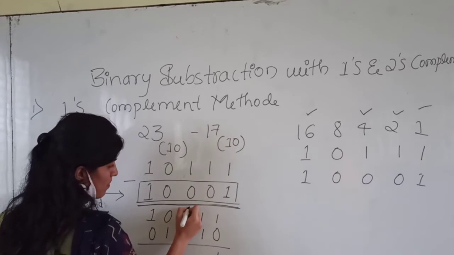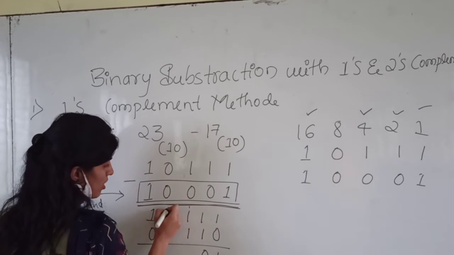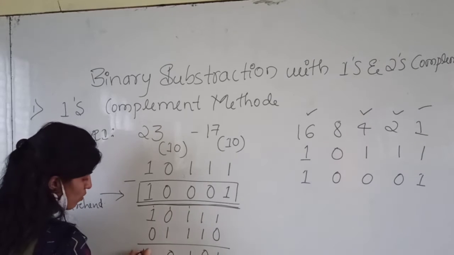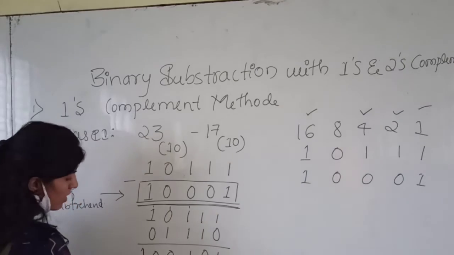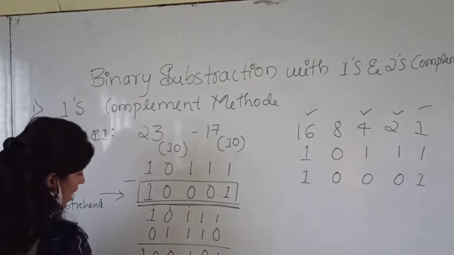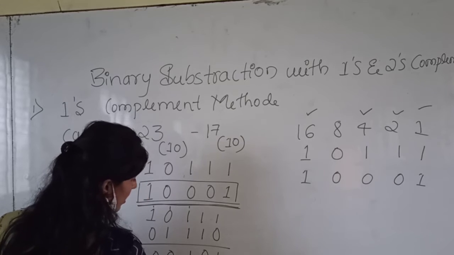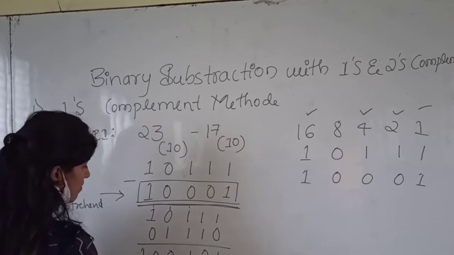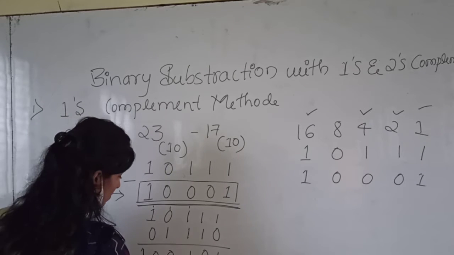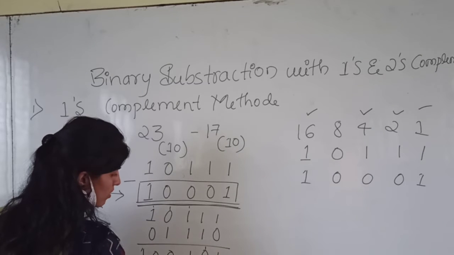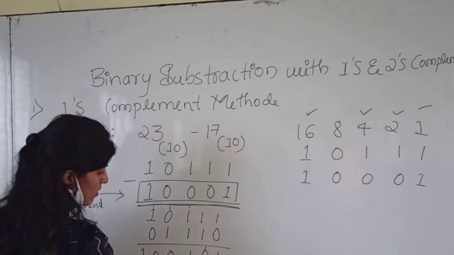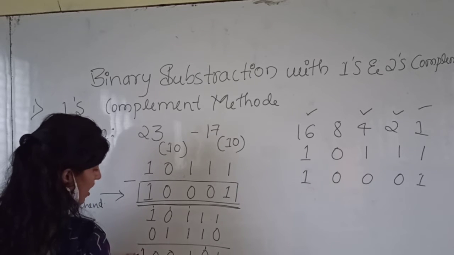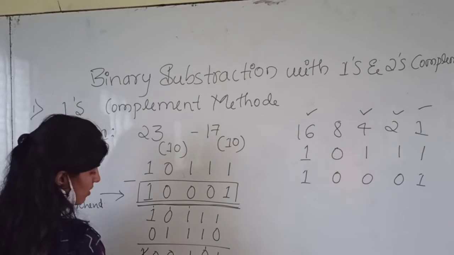Then add them. A carry will be generated, and you add this carry to the LSB. If you add this carry here, it will be cancelled, 0 0.